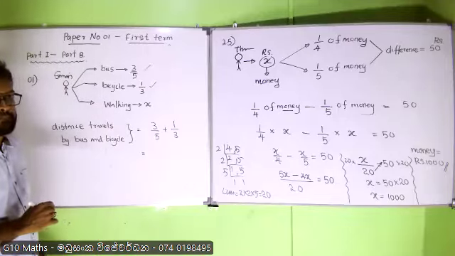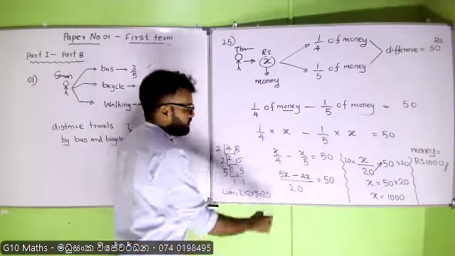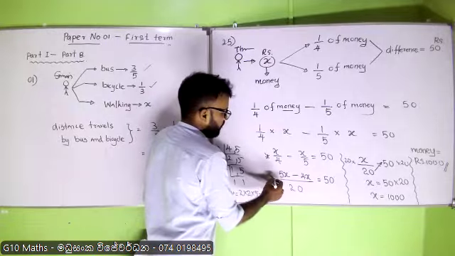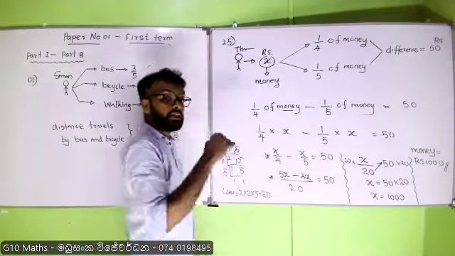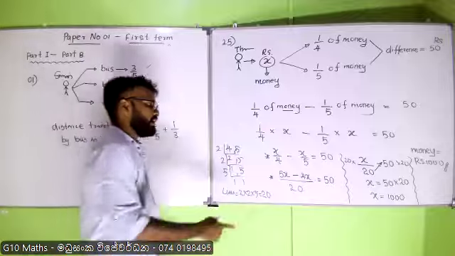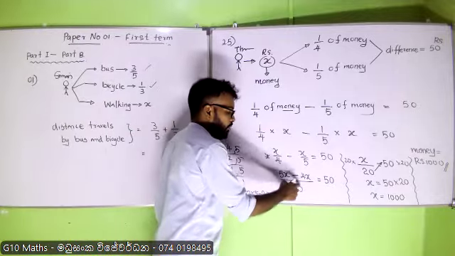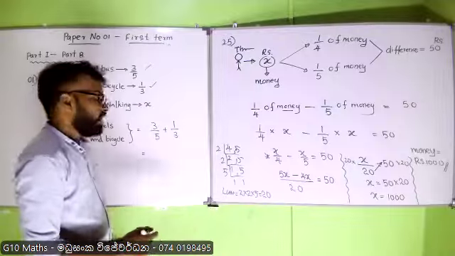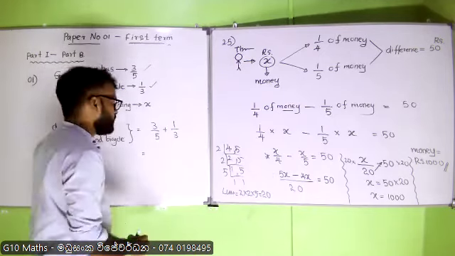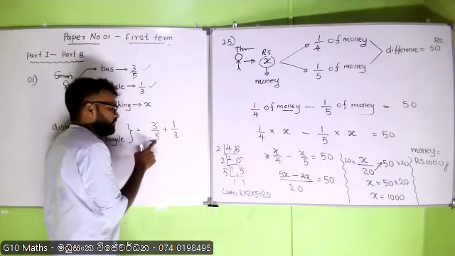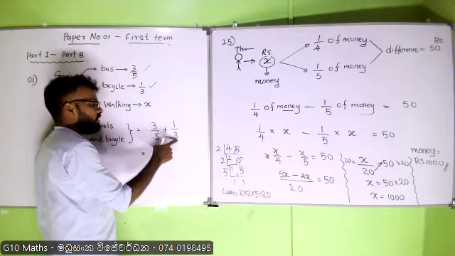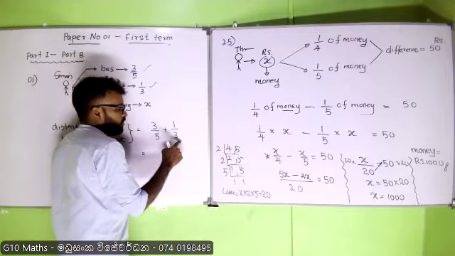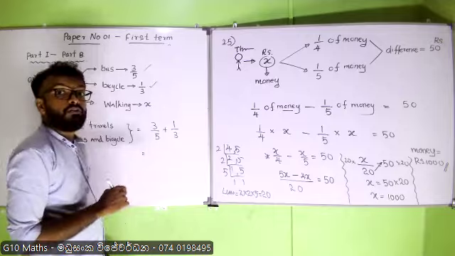You can use either this way, or you can use your familiarized method, the common denominator method. You know how to convert 5 into 15, 3 into 15, because the least common multiple of 5 and 3 is 15.